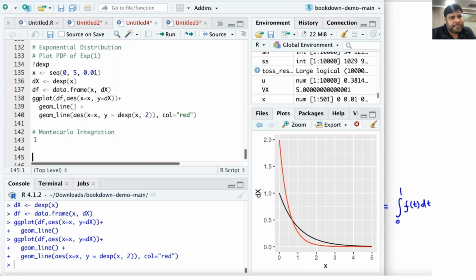Let's generate a large sample, say 10,000. Let's generate x coordinates. Basically our task is to integrate x squared from 0 to 1.